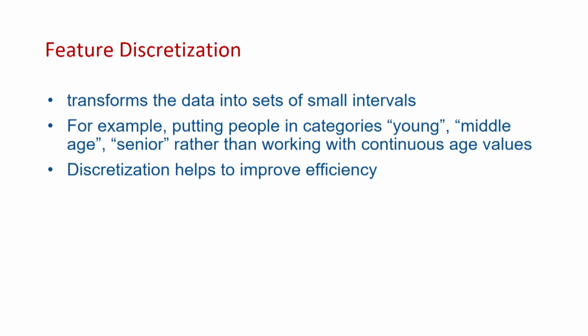Generally it would be better to discretize age into 3 values: young age, middle age and old age. In this case also it will improve the efficiency, because you will not need to deal with all the continuous values of that particular feature in your data set. It is now discretized, and there are only 3 values corresponding to it.